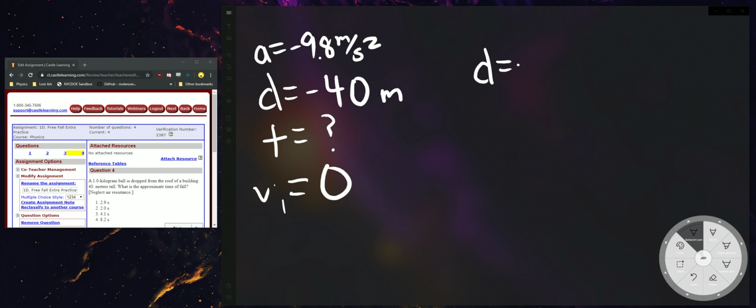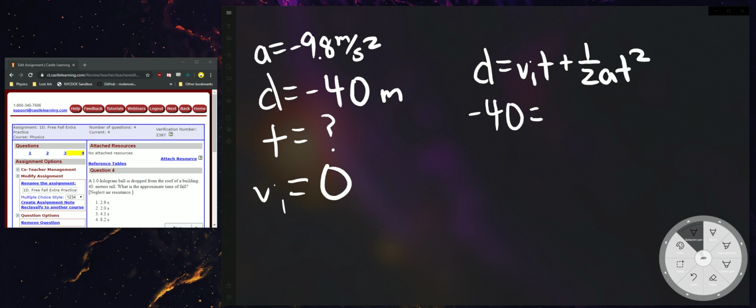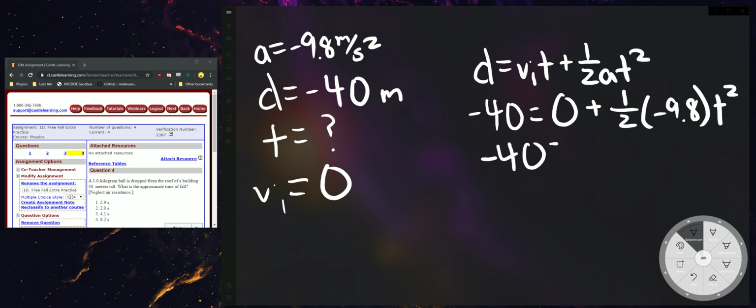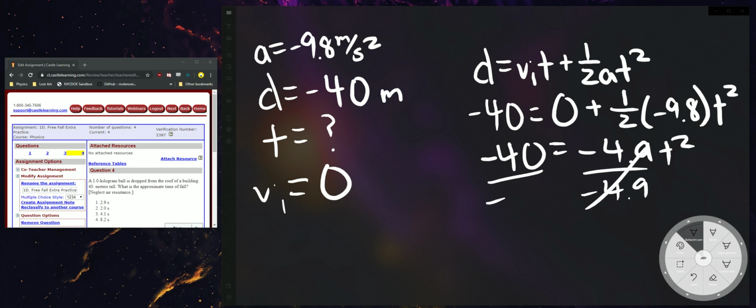All right, so we can say that d is equal to v initial t plus 1/2 a t squared: negative 40 equals 0 plus 1/2 times negative 9.8 t squared. So negative 40 is negative 4.9 t squared. Divide both sides by negative 4.9. It's going to be somewhere around 5.